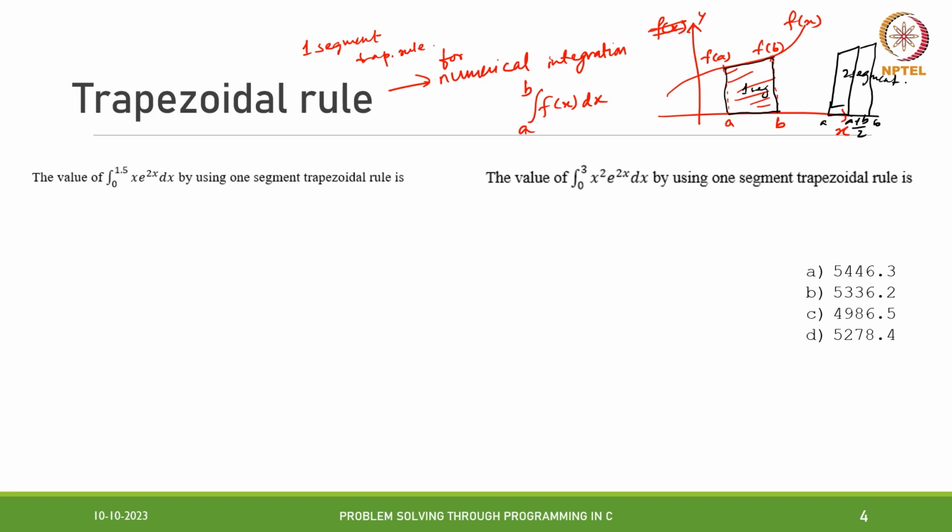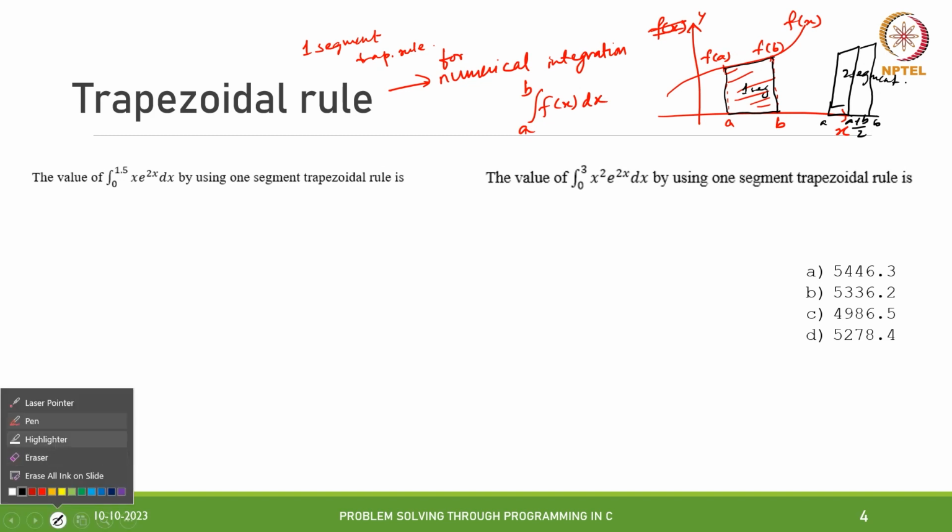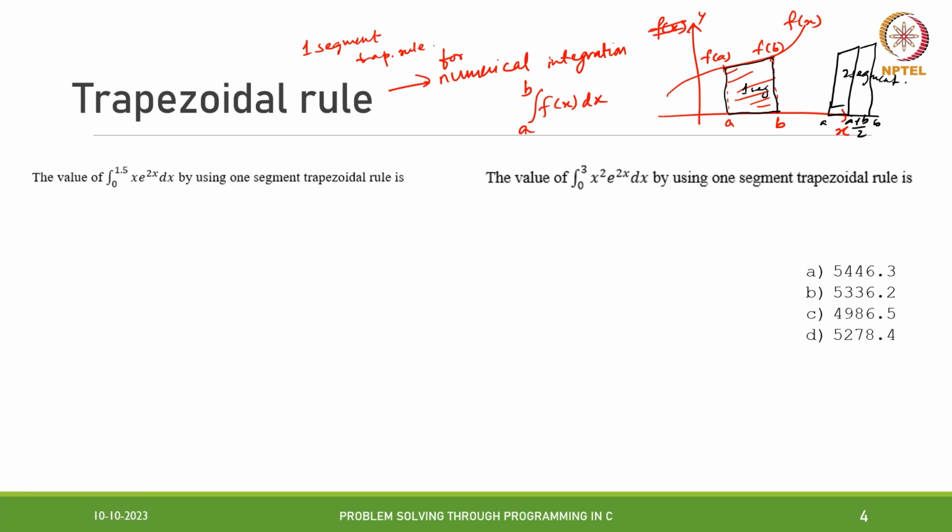Okay, so in one segment trapezoid, how do we write the formula? How do we write the formula for a trapezoid? The area under the curve for a trapezoid will be half into b minus a, that is this, into f of a plus f of b, right?